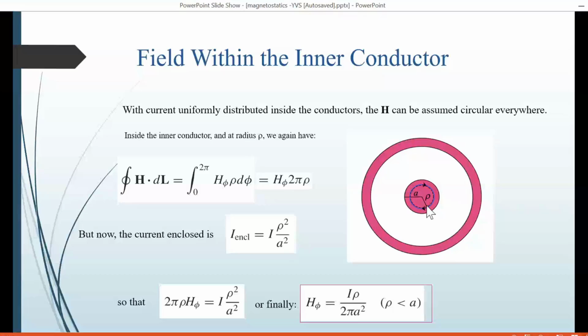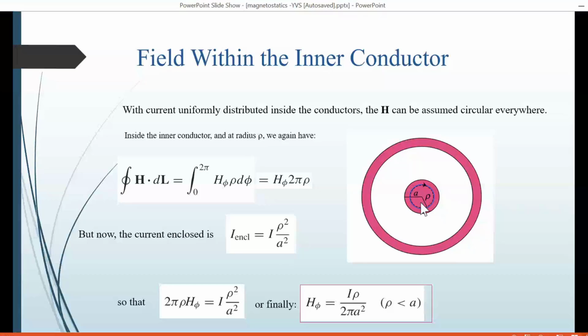Initially it was capital I when the radius was a. But now it will depend upon this new radius rho, and it is directly proportional to rho square, because the cross-sectional area has changed. So the new enclosed current I enclosed is a fraction of the complete current, pi rho square divided by pi a square.